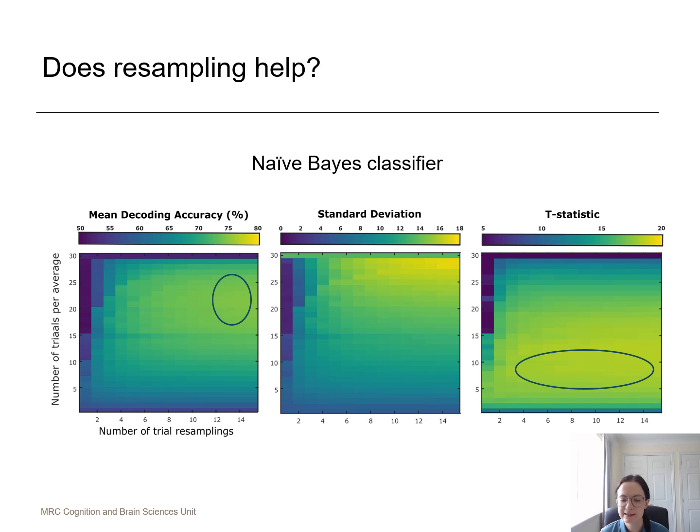Then again, we come back to the naive Bayes, which had this dramatic drop-off as you include too many trials per average, and therefore your t-statistic is optimal in the lower half of this space, again with little influence of increasing the resampling value.